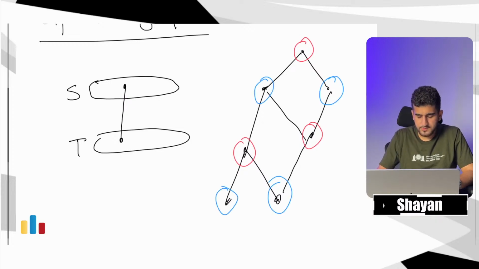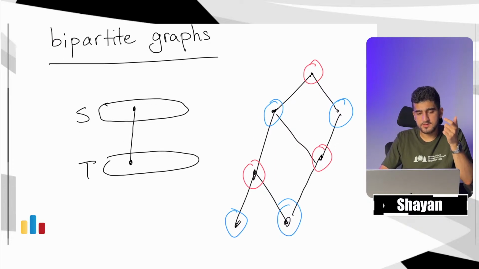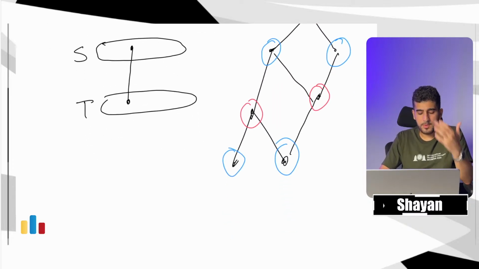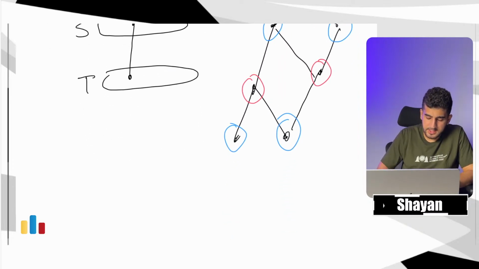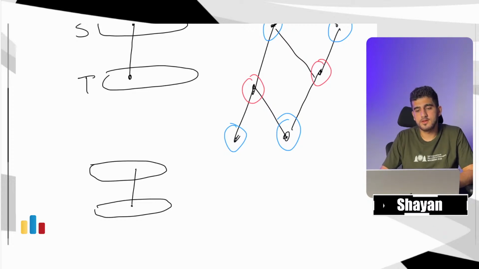Then you see that all the red vertices only have edges to the blue vertices, and all the blue vertices have only edges to the red vertices. So a bipartite graph is a graph that I can split all their vertices into two parts, such that each part only has edges to the other part.